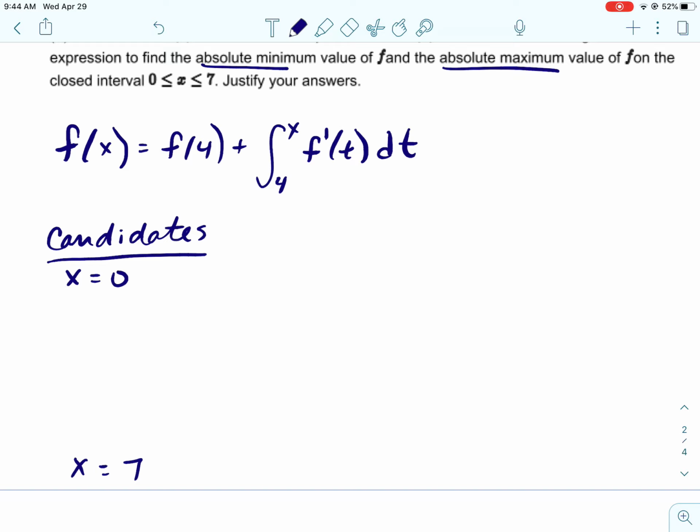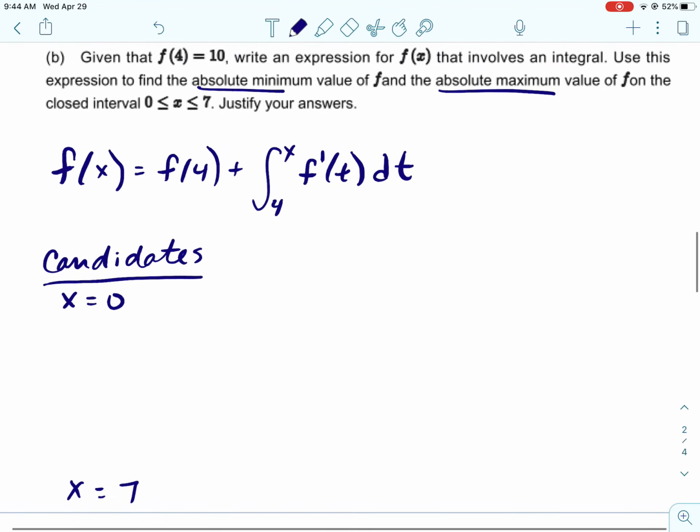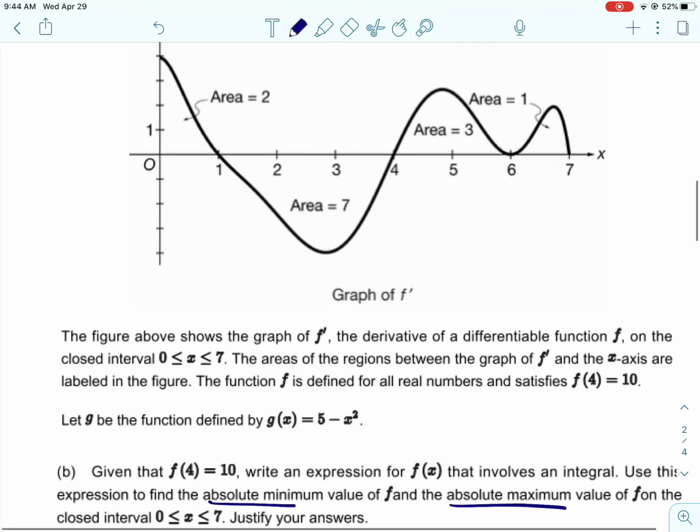And the candidates are going to come from the endpoints, which I know are 0 and 7. And then also place the critical numbers. And the critical numbers are the values where f prime of x is 0.